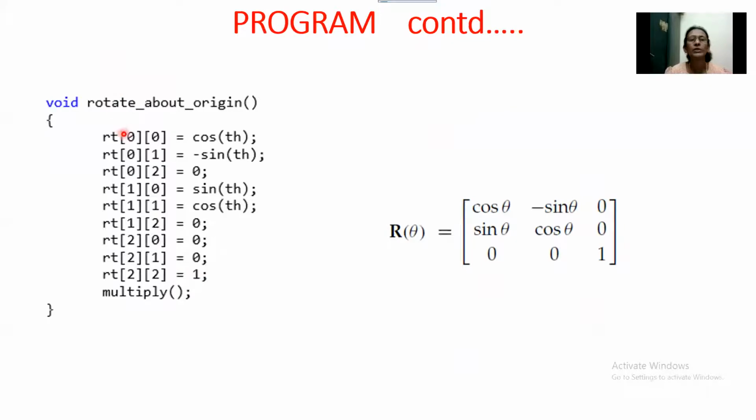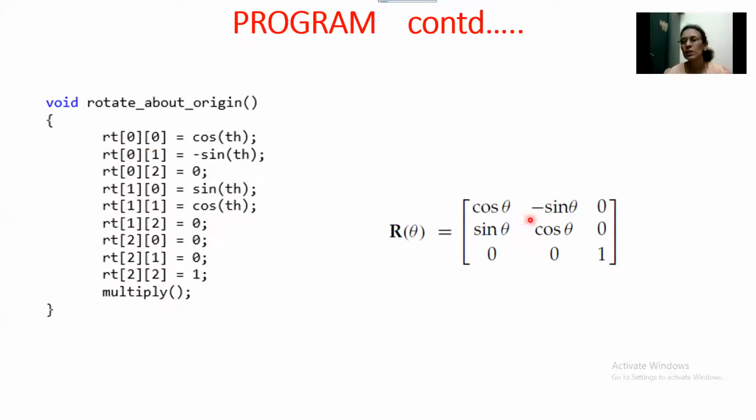Next, we see the function rotate about origin. We know that the transformation matrix R theta is given by cos theta, minus sin theta, 0; sin theta, cos theta, 0; 0, 0, 1. So we assign these values to the matrix RT, that is the transformation matrix.